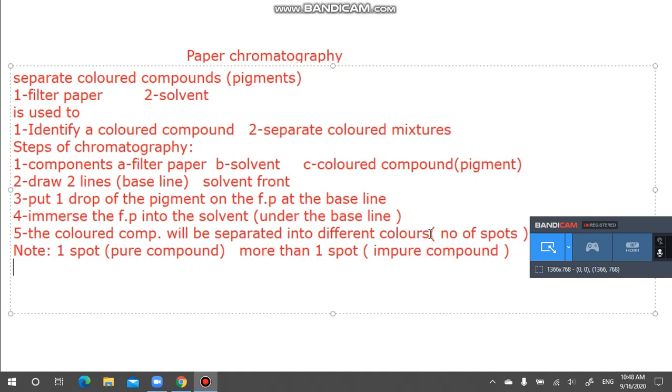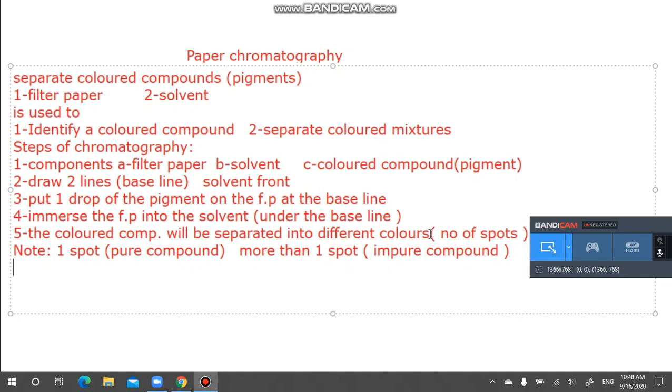Okay? The last part of the steps of chromatography: after separating the pigment or the colored compound into spots, we start to calculate, or at first we identify the type of the compounds inside this mixture.